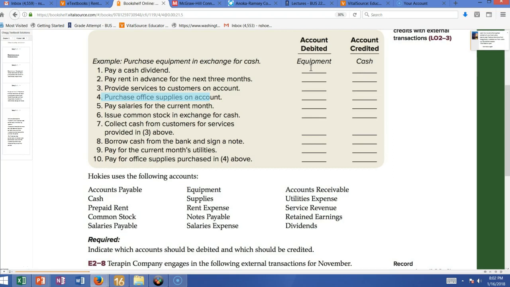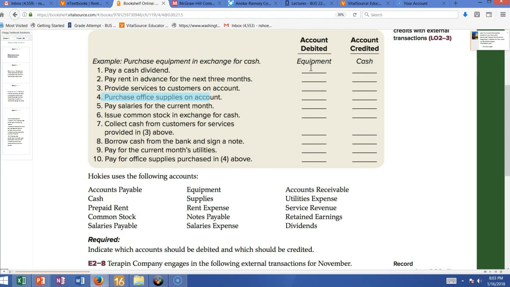Salaries payable and salaries expense. But since it says we paid salaries for the current month, it's salaries expense and cash. Right? What's being debited? What's being credited? Why is cash being credited? It's going down. We're using it up.